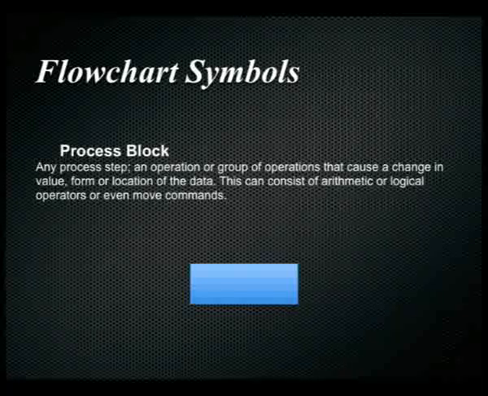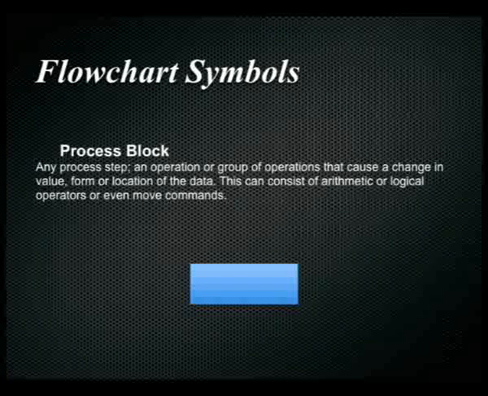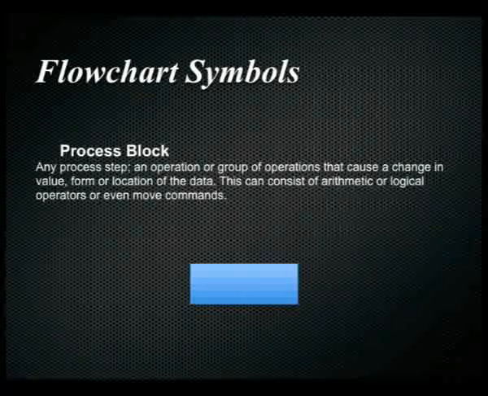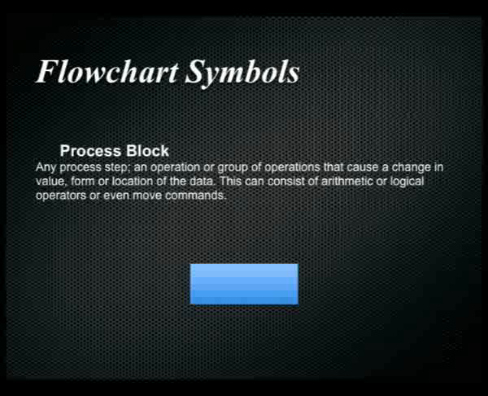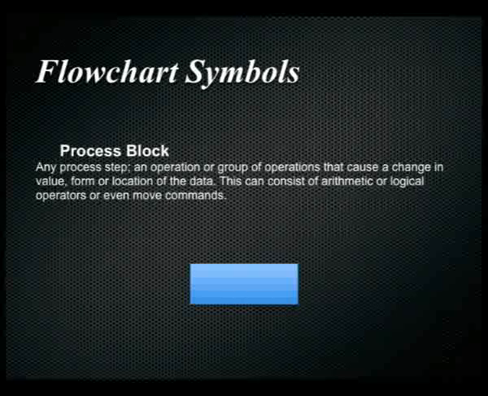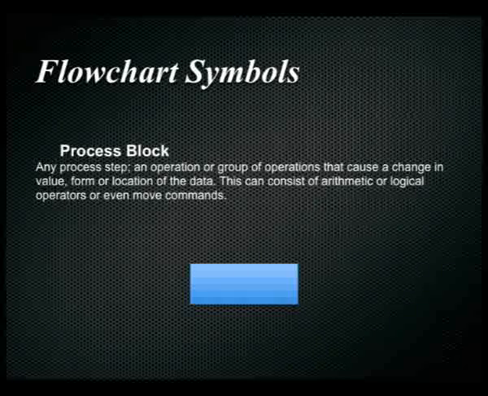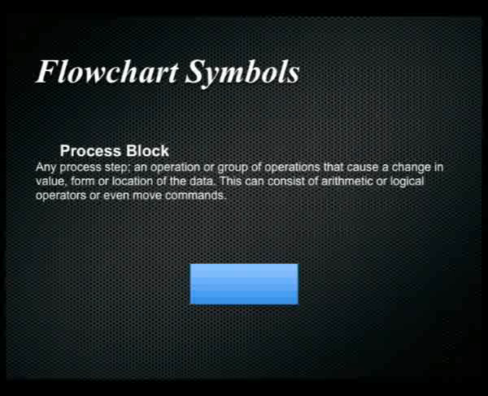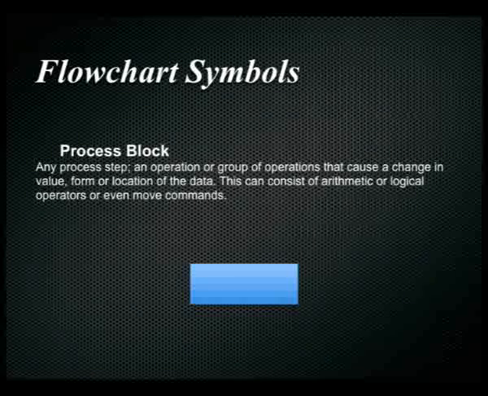We might clearly state that this is an input-output register and assign a variable a particular value from a register inside that parallelogram. When it comes to the process block, this is where we're doing the actual data manipulation inside our flowchart. So this is where you might put things like A equals B plus C, or A plus plus, or A equals A plus 1, or something to clearly state some sort of action that we're doing inside our flowchart.